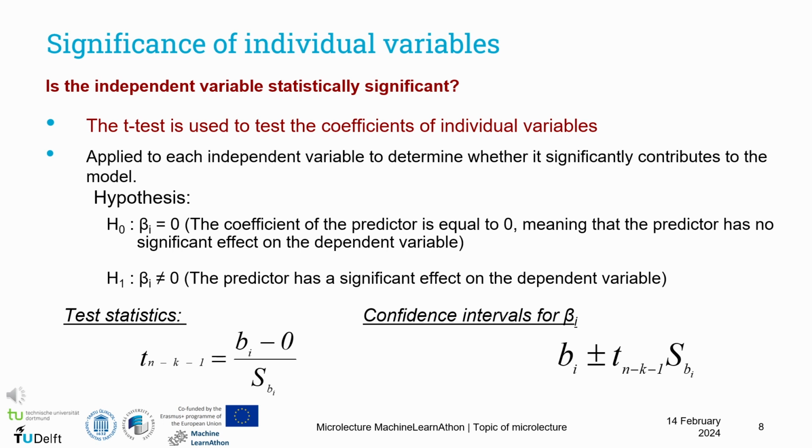To test whether an individual predictor significantly contributes to the model, we use the t-test. This involves checking if the predictor's coefficient is significantly different from 0. If the result is statistically significant, we conclude that the predictor does affect the dependent variable. A confidence interval can also be used to evaluate a likely range in which the true coefficient lies.